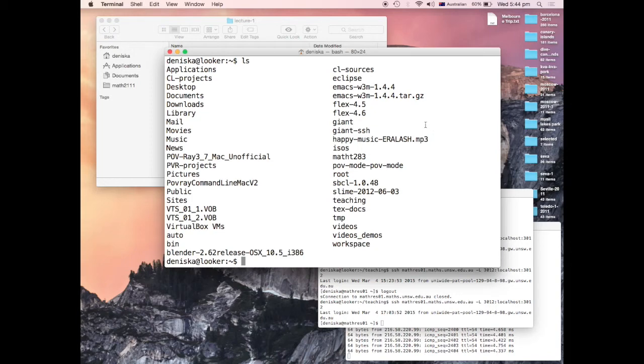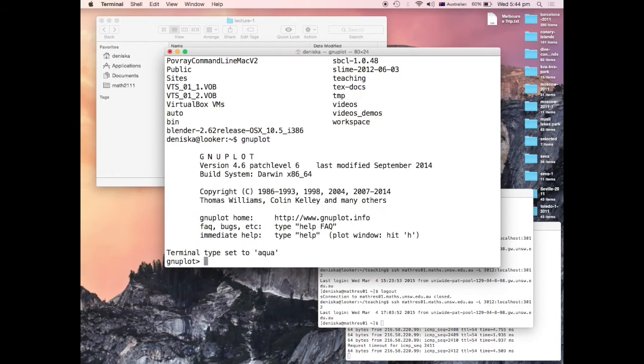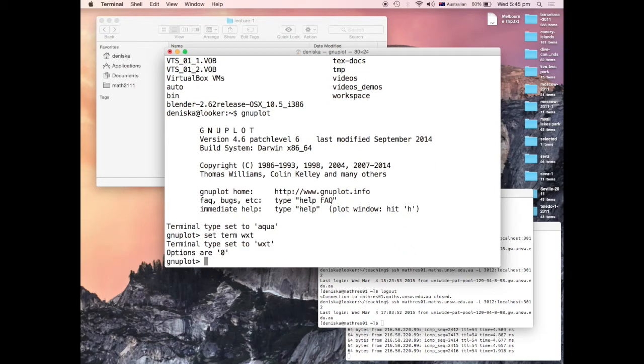It's a good skill. But I'll show you this in GNU plot. So for instance, the function he uses in that file is the circular paraboloid. So the function is this.